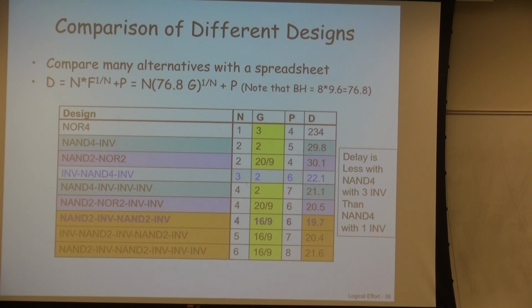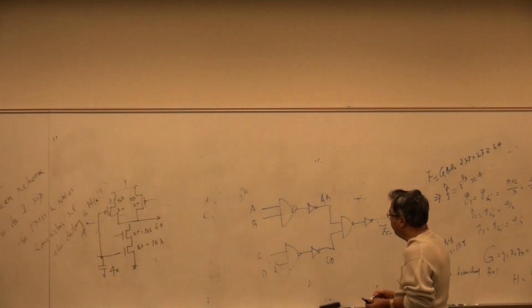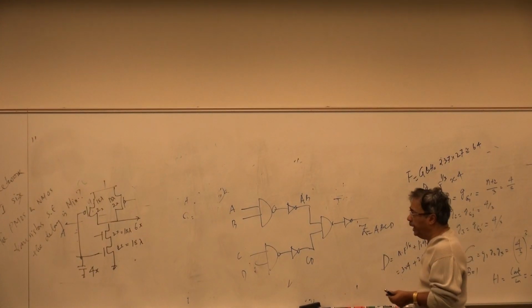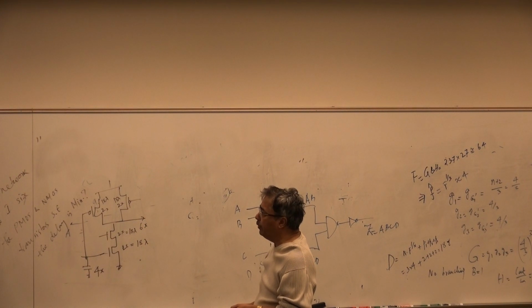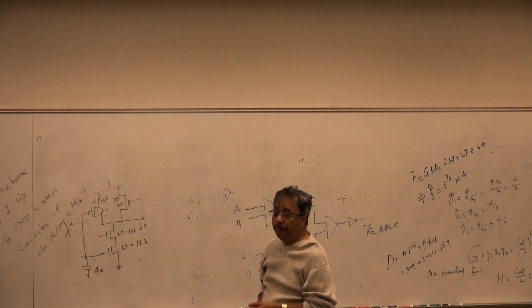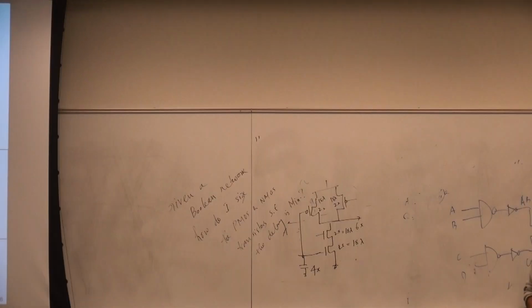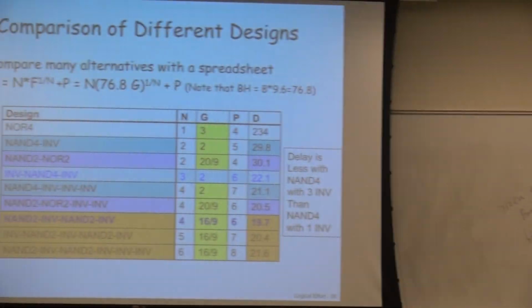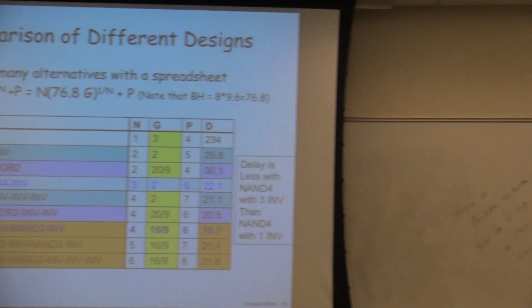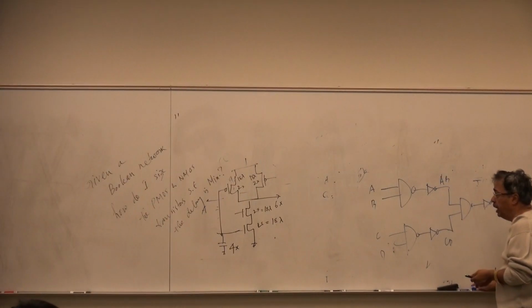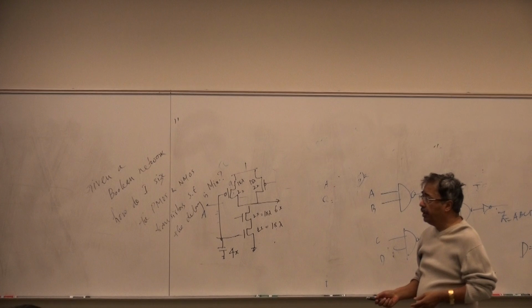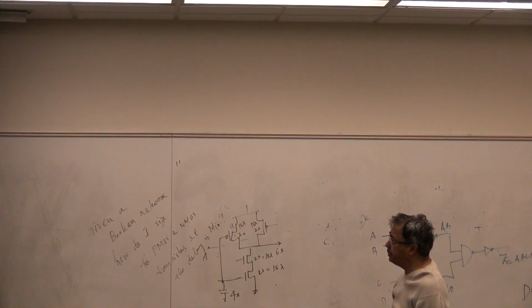This is our A, B, C, D, and G is equal to A, B, C, D. So this is NAND2 inverter, and this is the best delay. Okay? So in your design, in order to reduce the delay, you should use this configuration.